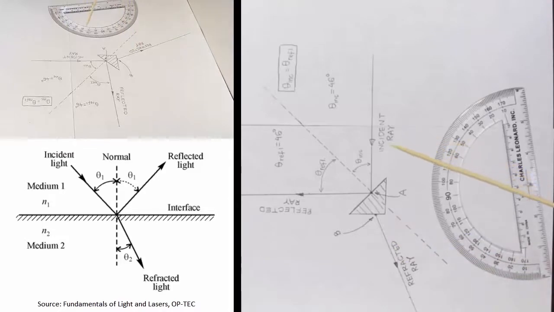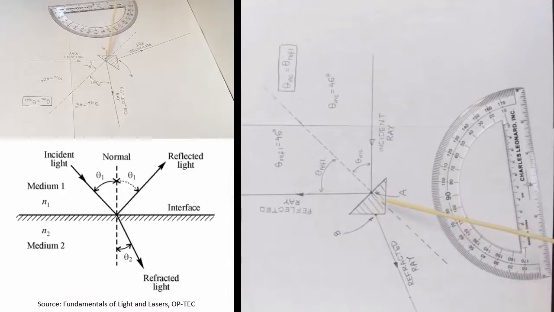So it's very important not to be confused and perform the measurements on the original incident beam and the secondary refracted ray. You would want to either perform the measurements at point A or at the point B.